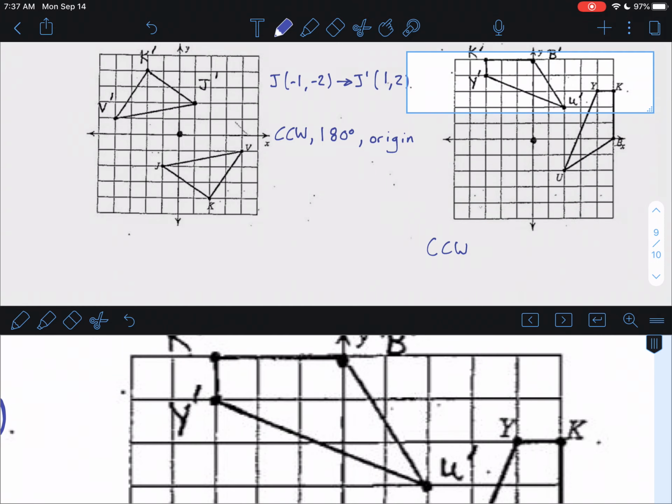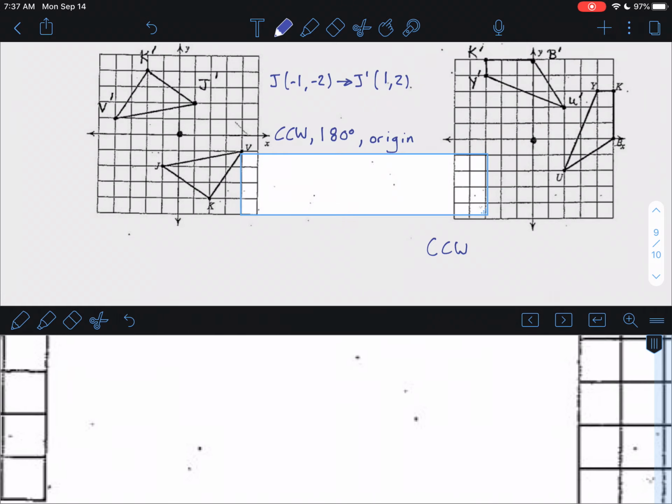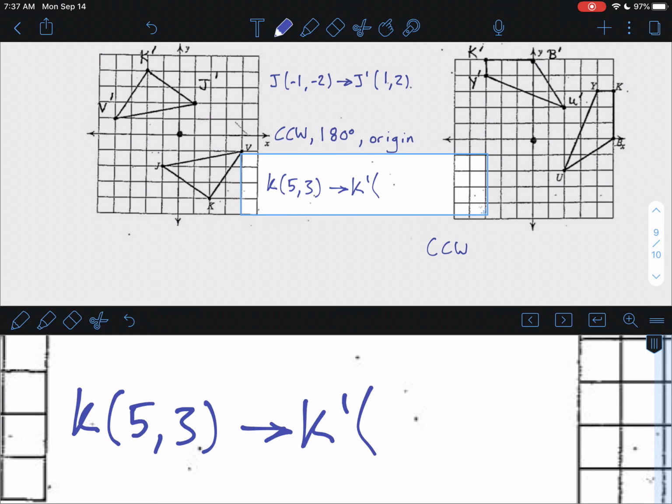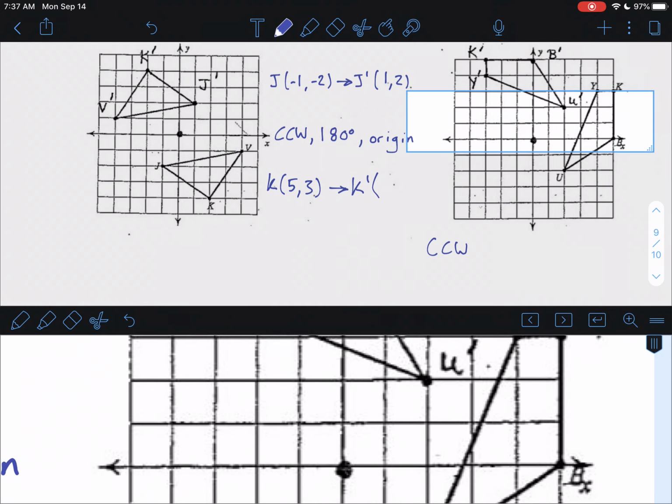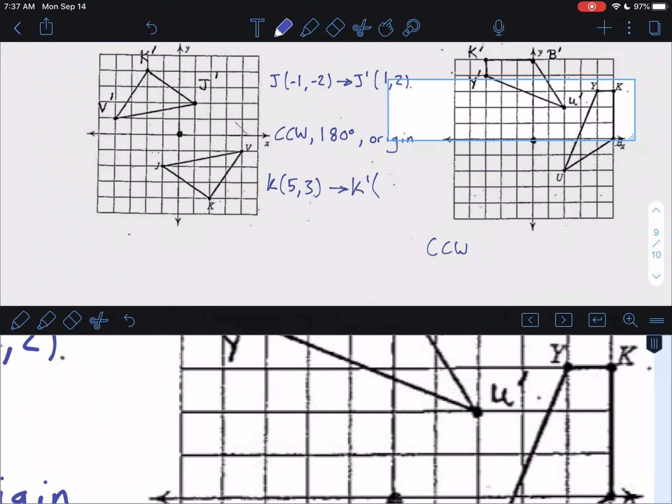No, U isn't the best point to go with either. Sorry. What's a good one? K. So K starts at 5, 3. And it maps onto K prime, which is at -3, 5.